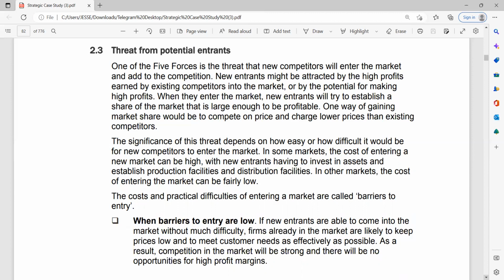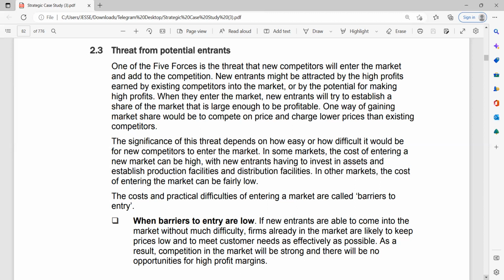So what we mean here is that as companies operate in a particular industry, you'd see them making profits, and then other new companies might be interested in taking some of these profits, and so would like to come into that industry. So what's the threat of potential entrants?